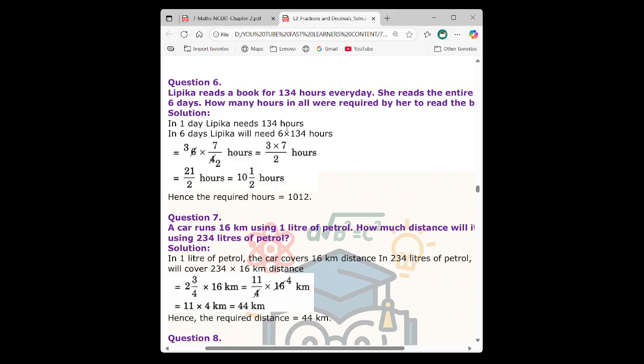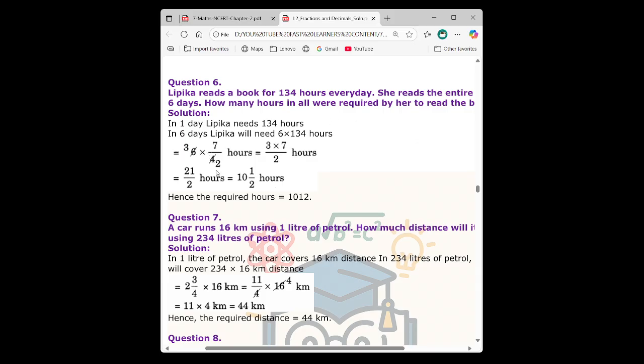Now here we have to use the unitary method: in one day if she reads 1 whole 3 upon 4 hours, then in 6 days how much will she read? So 6 multiplied by 7 upon 4. How do we get this? If you write 1 whole 3 upon 4, then 4 ones are 4 and 3, 4 plus 3 is 7.